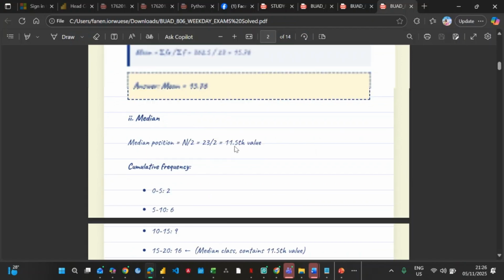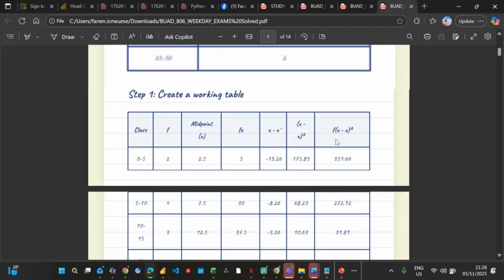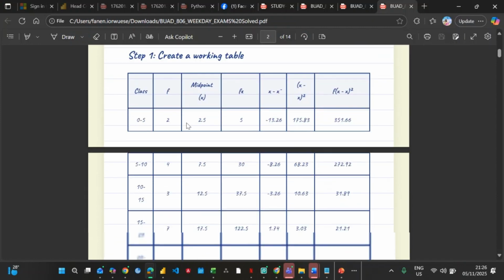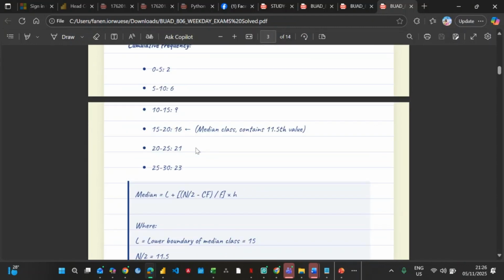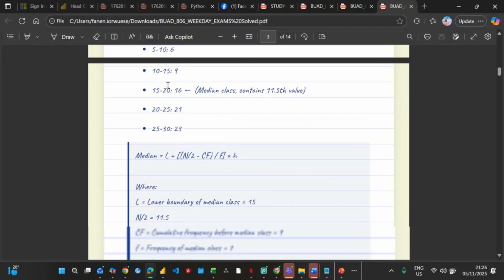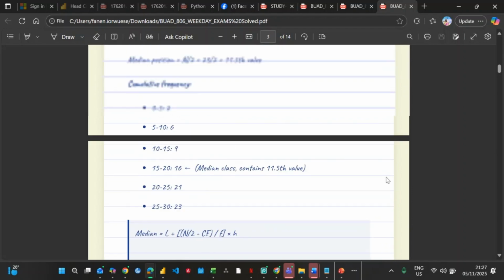So now we need to do our cumulative frequency. That is our CF, right? So this was giving us this. Okay. So now we are going to find our median class, which contains the 11.5.